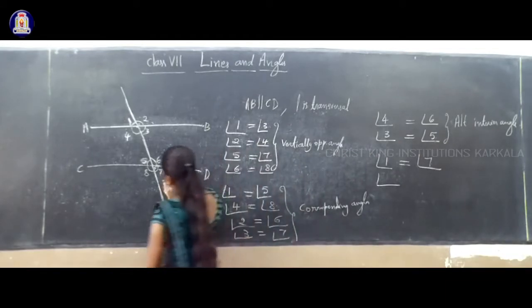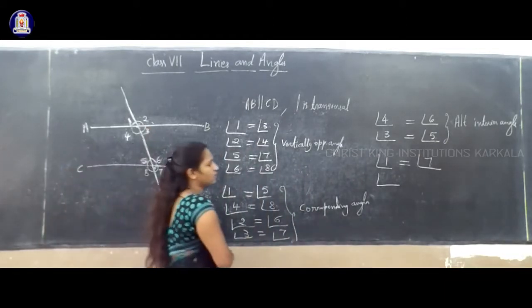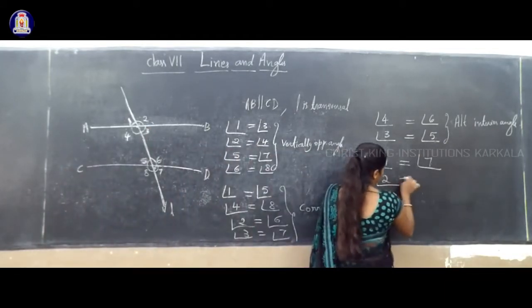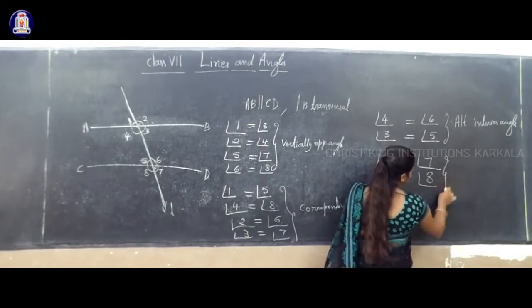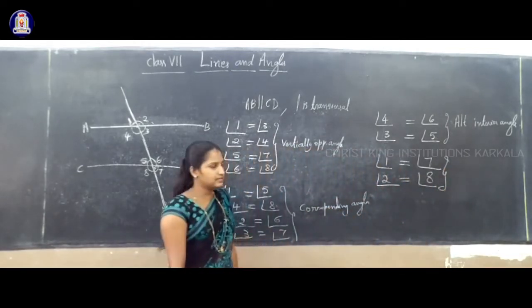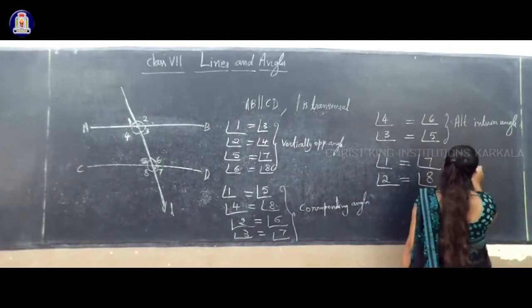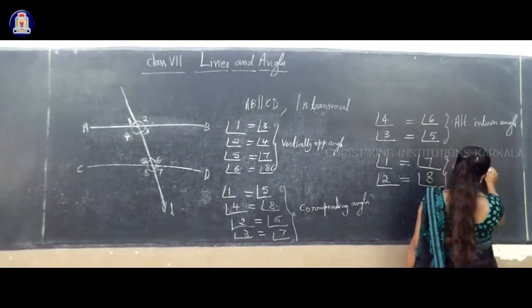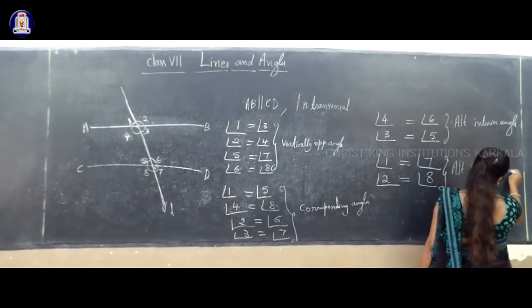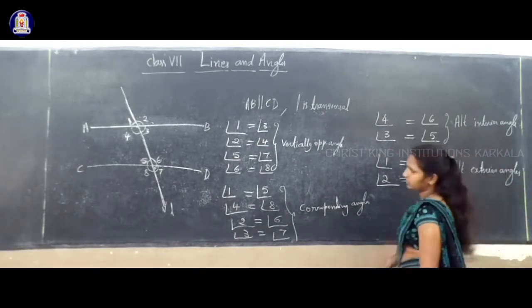Then one more, angle 2 is equal to angle 8. These angles are equal because they are alternate exterior angles. Clear?